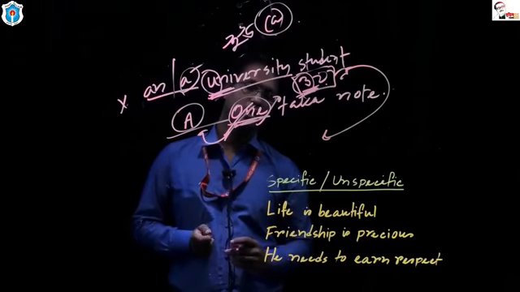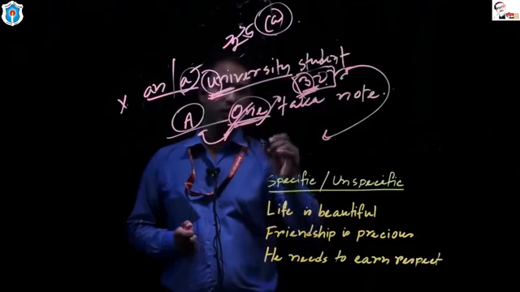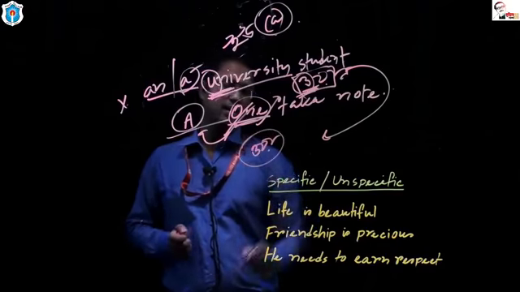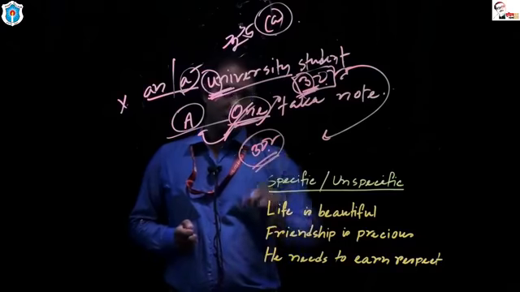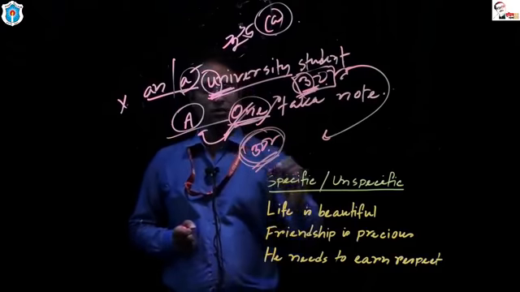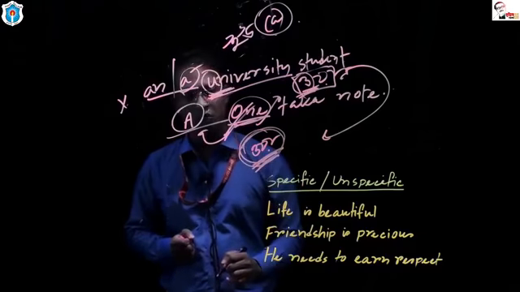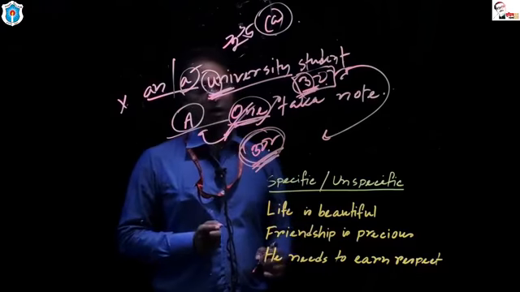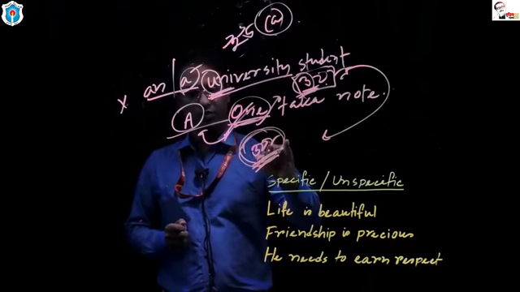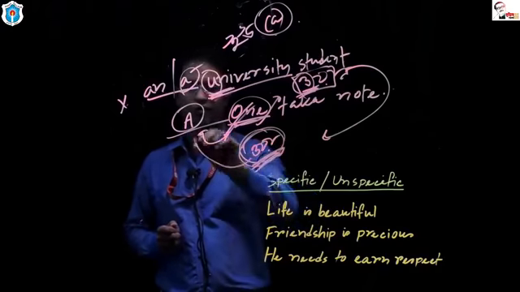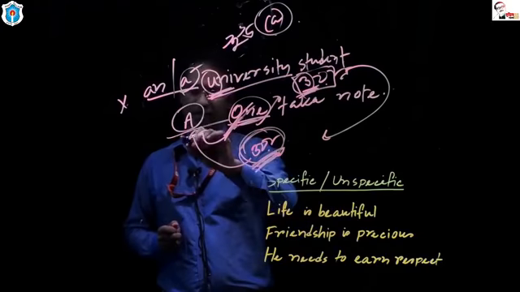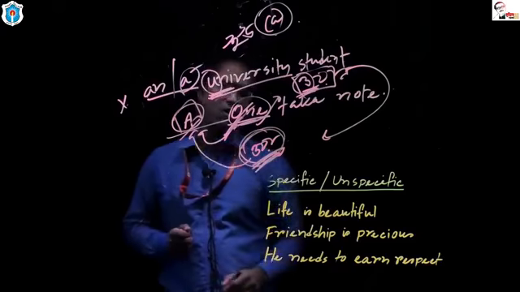Rather, it starts with a consonant sound, because wa, this is the pronunciation, this is the sound here, wa. Wa is not a vowel sound. It's a consonant sound. That's why, though the word starts with a vowel, it takes A.